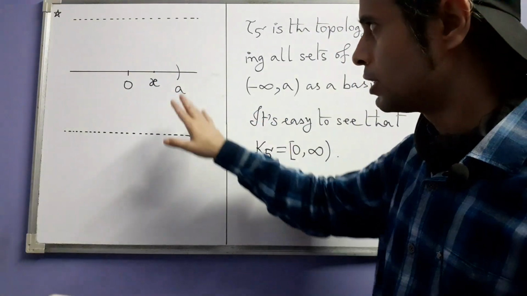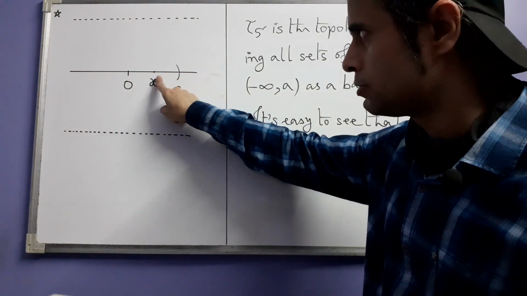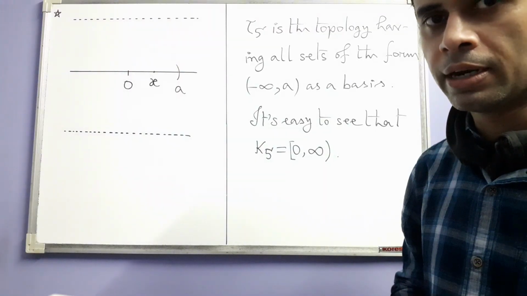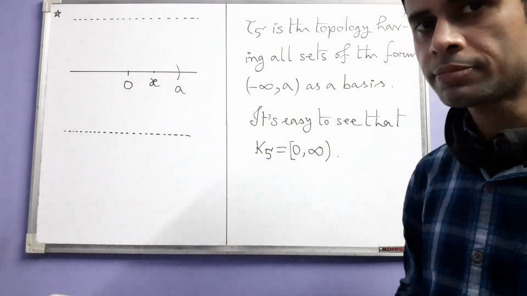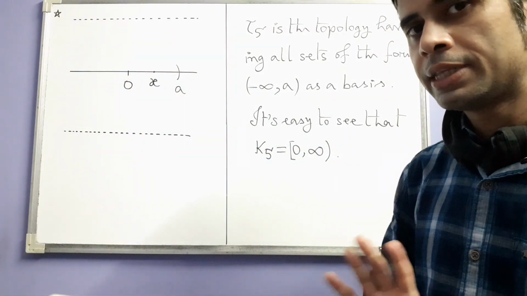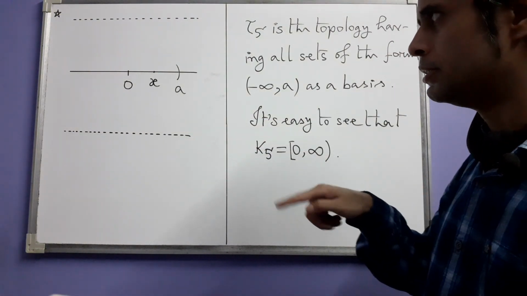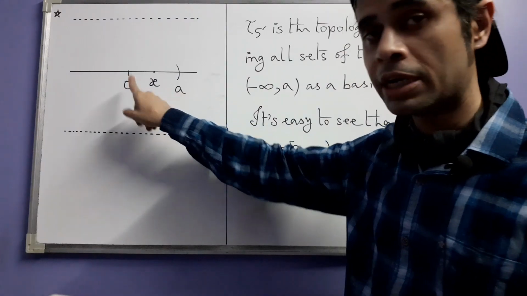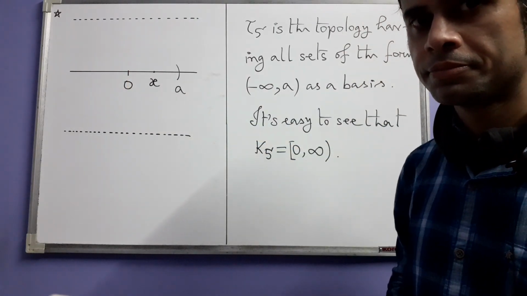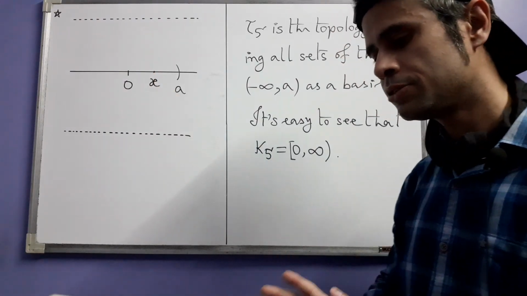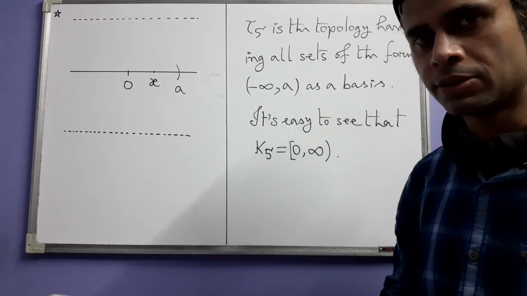And that is why any such ray which contains x should also contain at least one reciprocal, actually infinitely many of them. But why is that the case? That is because the reciprocals of positive integers converge to 0, in the sense that they converge to 0 in the ordinary standard topology.